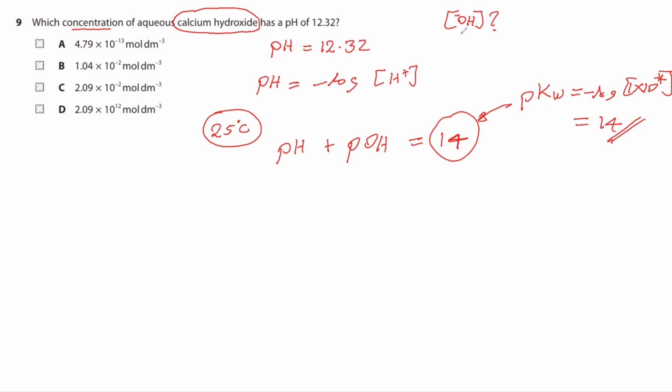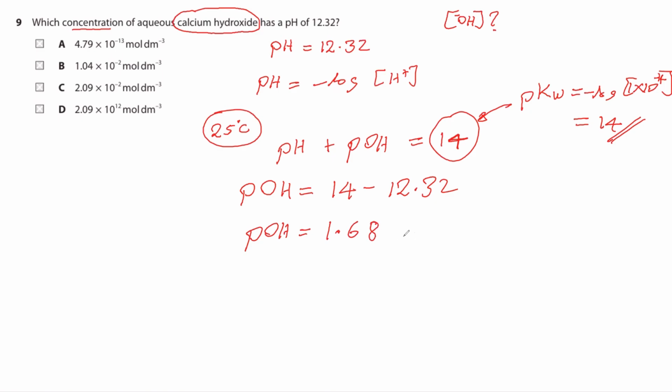So if I want to find the OH minus concentration, best thing is I'll find pOH. Okay, how to find pOH? pH plus pOH equals 14. pH value is given. So therefore pOH equals 14 minus the pH value, which is 12.32. And if you do the calculation, the answer will be 1.68.